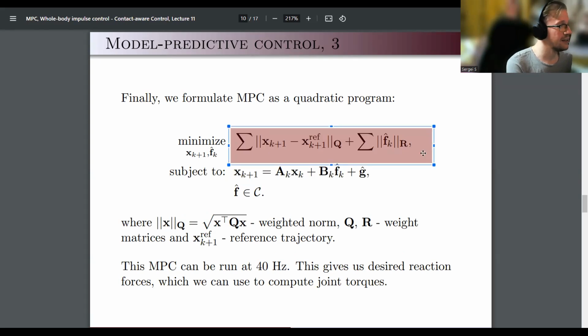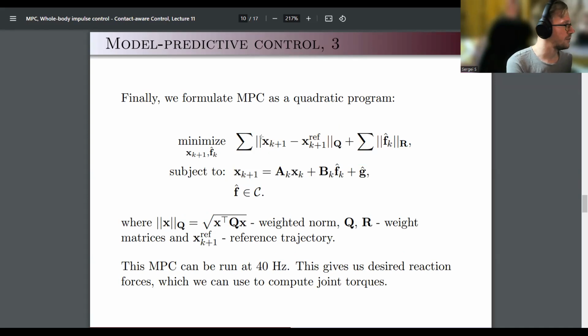This is a cost function, where we say, okay, let's ask that the next x would be as close as possible to the reference x. Again, where do we get this reference from? From the same place where we got our r, from the same place where we got our step, from some heuristic. Those heuristics, you can easily come up with them.